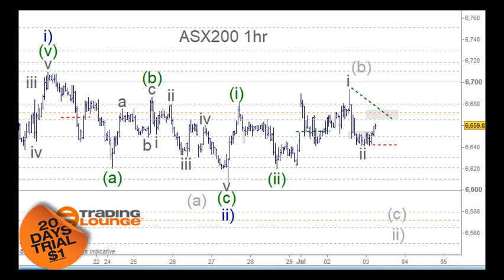So in that case, we can look at this as wave 2 coming up here, wave 1 here, copy this here, wave 3, 4, and 5.